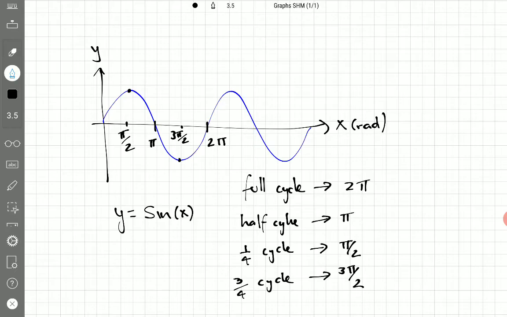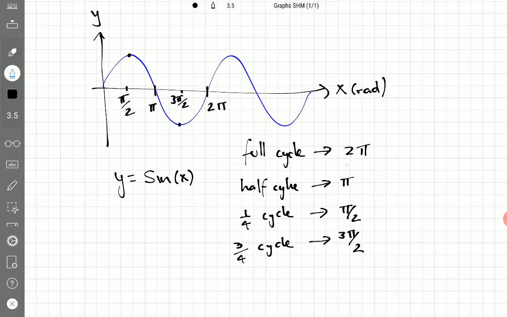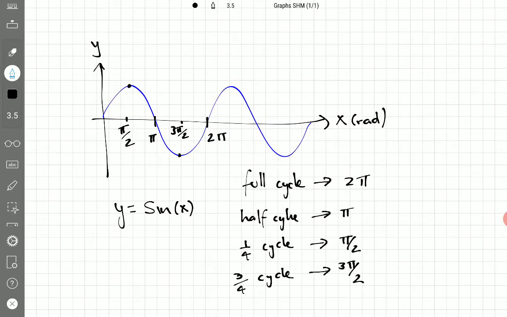We're not talking about period, we're just talking about the number of radians that this takes. If you wanted to put that in degrees, this would be 360 degrees, this would be obviously 180 degrees, this would be 90 degrees, and this would be 270 degrees. That's the usual knowledge that we have of the sine function.